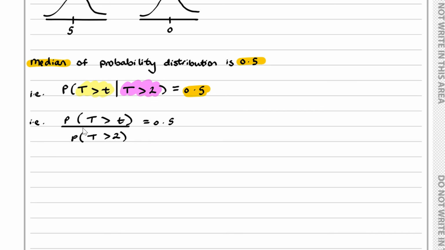Okay, so how does this help us? Well, we can actually find out the probability that t is greater than 2, and we'll do this in grey actually. We can work this out. We'll draw a quick normal curve. We've got our 5 over here, and we've got a 2 over here somewhere, and we're looking at essentially this probability over here.